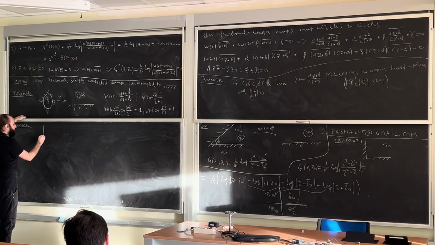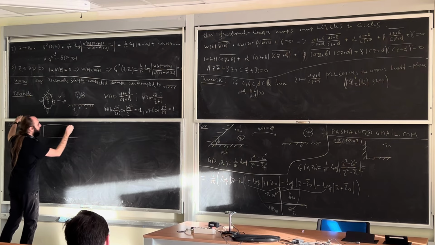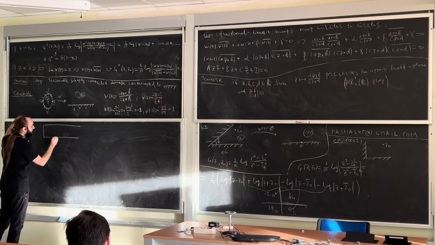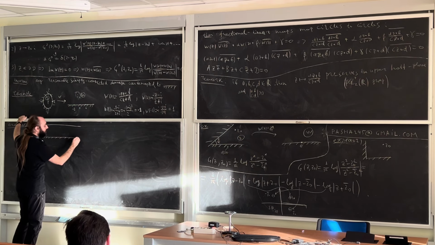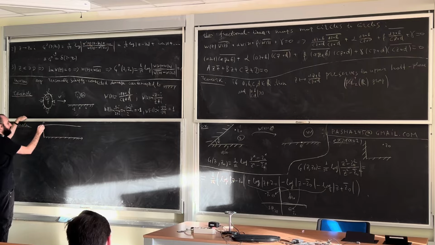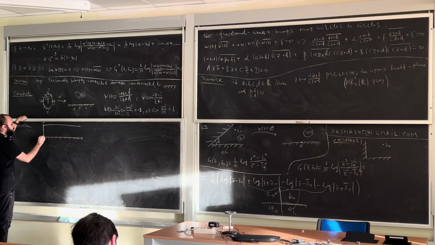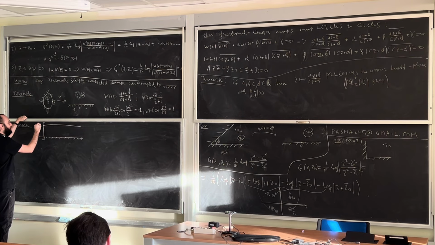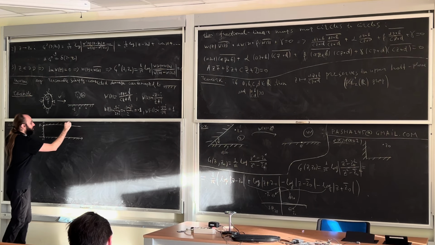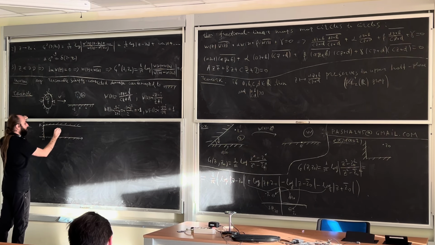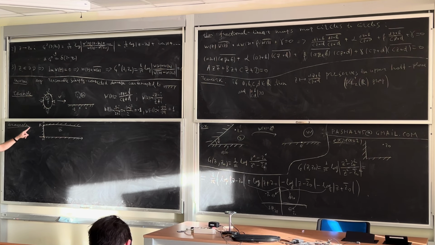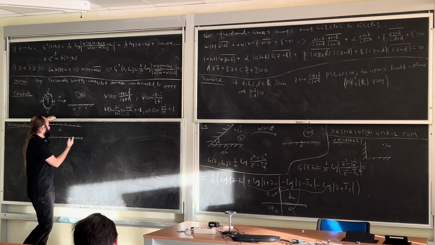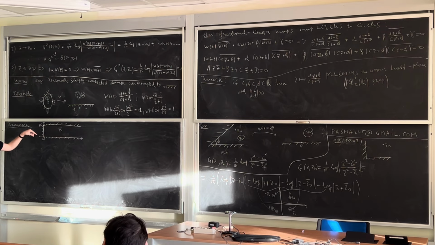So let us study a domain like this. This is 0, this is pi i. And let us see what happens if you apply a map given by a hyperbolic cosine function.